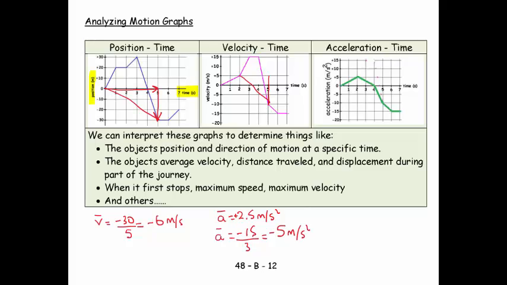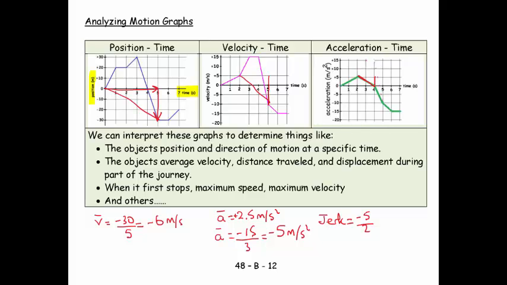And I could look in this third graph, the right-hand graph, acceleration versus time, and I could say, well, what's the jerk during the period between 2 and 4 seconds? My jerk, I don't have a symbol for that, I'm going to call it a jerk, is equal to my rise over my run, which is minus 5 over 2.